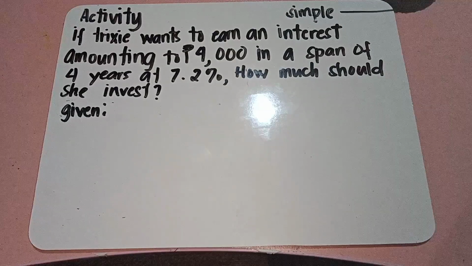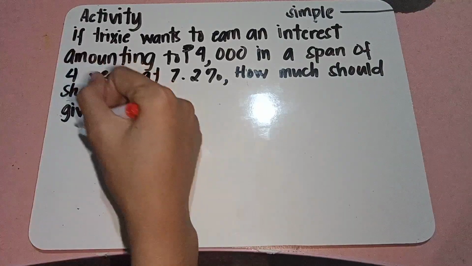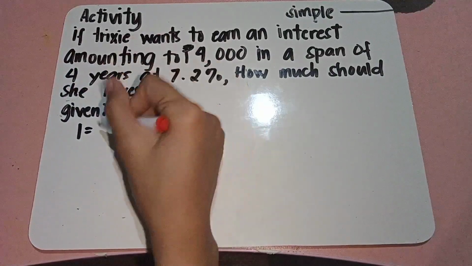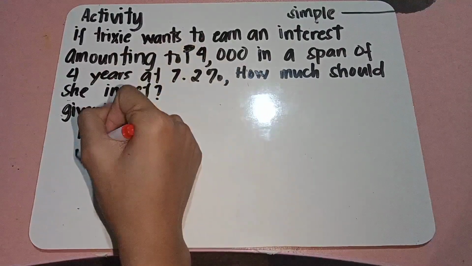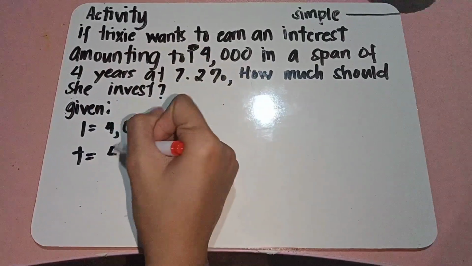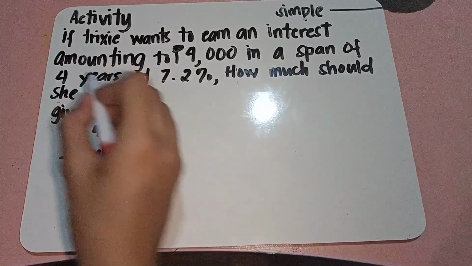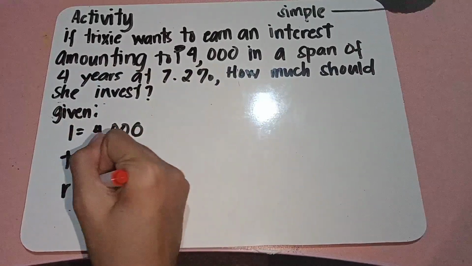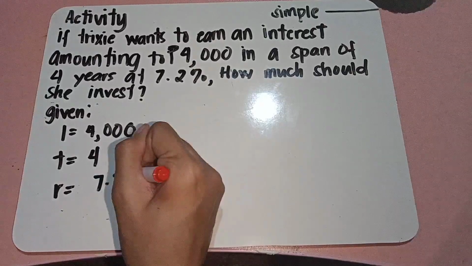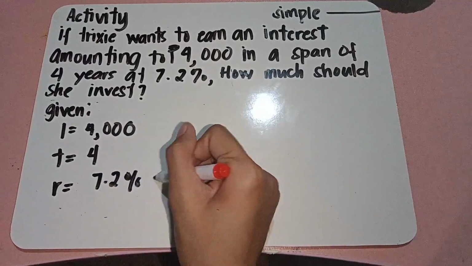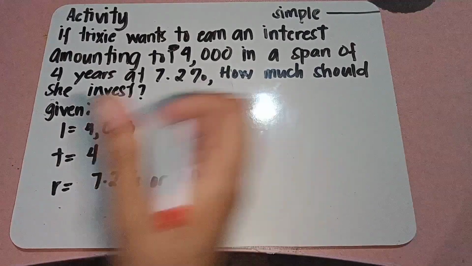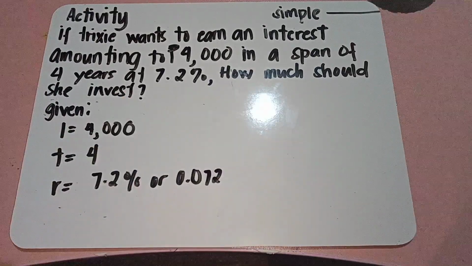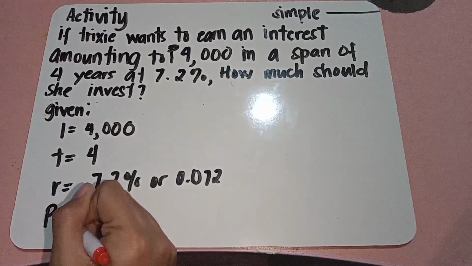So for the given, here we have interest, which is 4,000. T is equals to 4, since 4 years. R is equals to 7.2% or 0.072. So, the missing given is P, which is the principal.